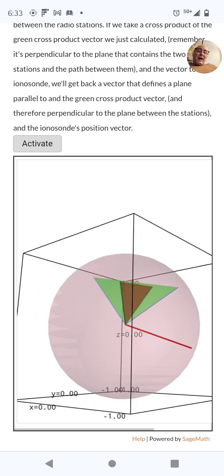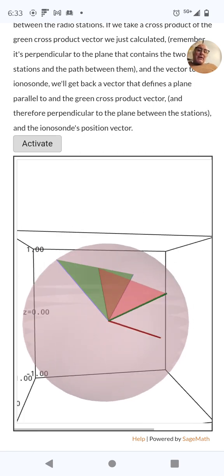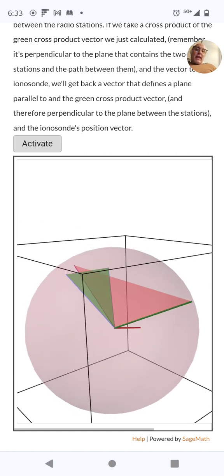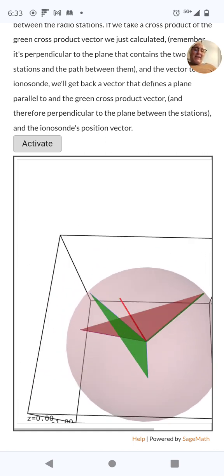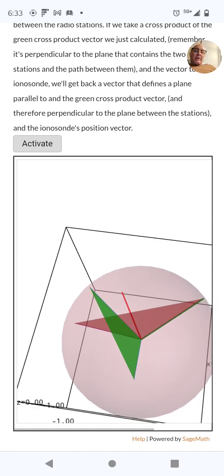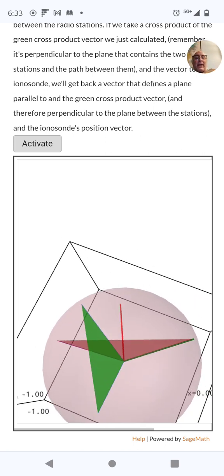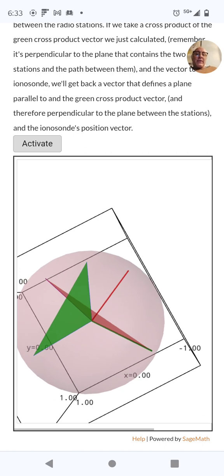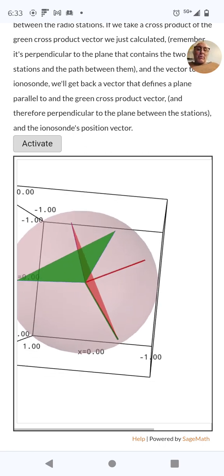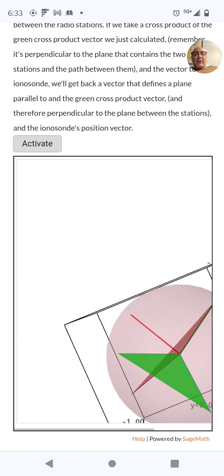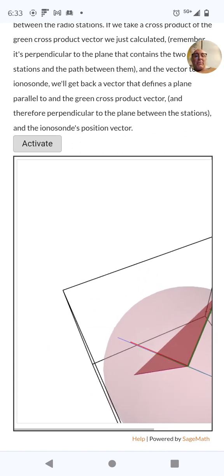So, if I take a cross product between that green vector, the first one, and the ionosonde, that gives me back a vector that's perpendicular to yet another plane, and that plane contains the green vector. The important part is that the green vector is by definition perpendicular to the plane between the two stations, which contains our path.